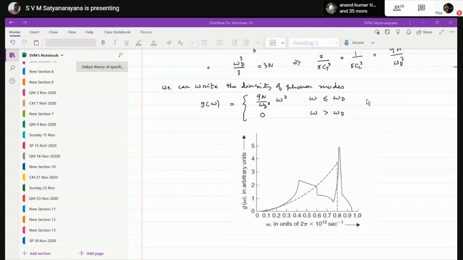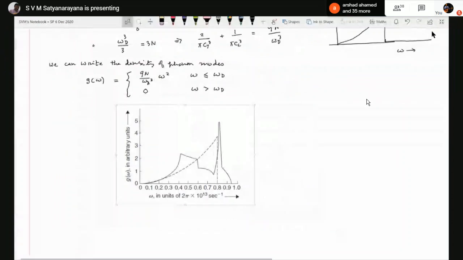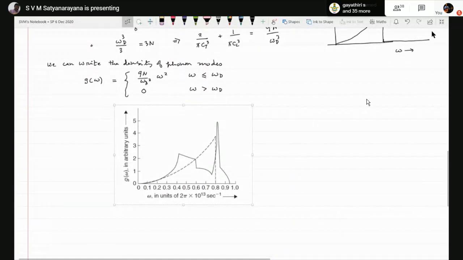I think this is for aluminum. The point I'm trying to make is that if you are doing an experiment, this dotted line here is the Debye density of states, whatever we have written here, and the solid line is the experimental.